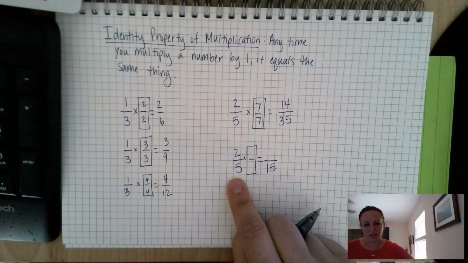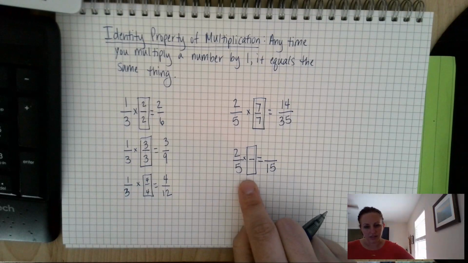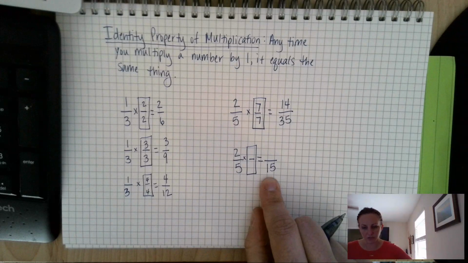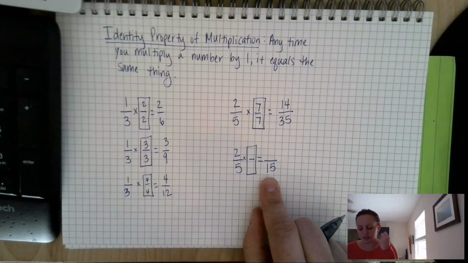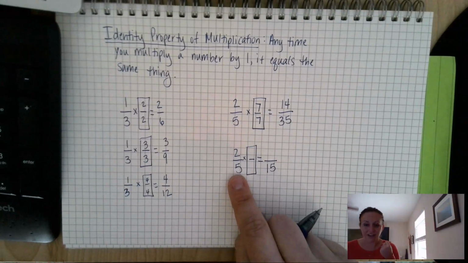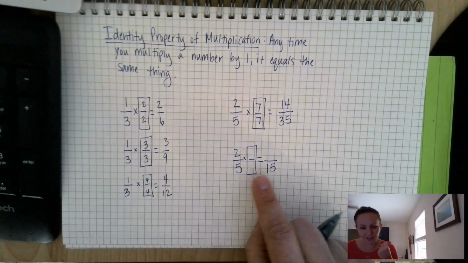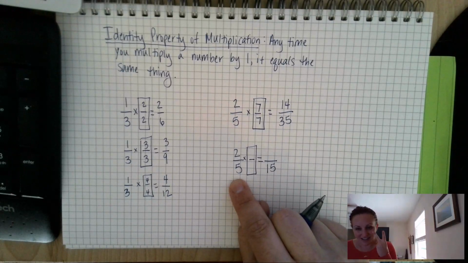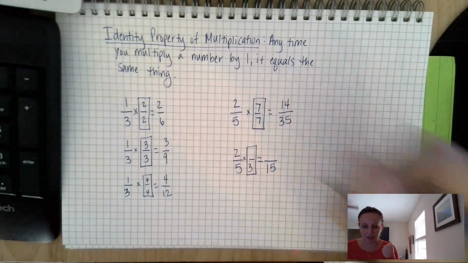2 times what equals 15? 2 times what equals 15? 5, or sorry, not 2. It's 5. I'm pointing to the 5, and I'm skip counting by 5s, but I'm saying 2. 5 times what equals 15? Sorry, guys. Clearly, I need some more coffee here. 5, 10, 15. 5 times 3 equals 15.